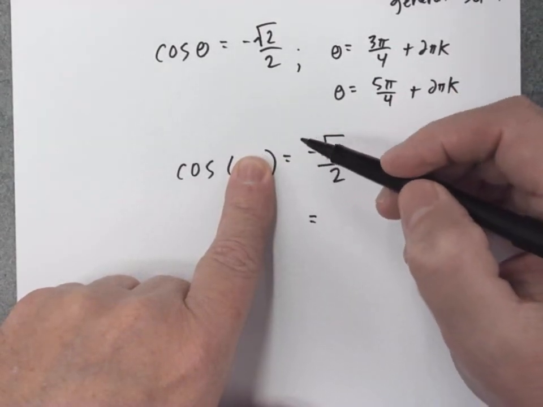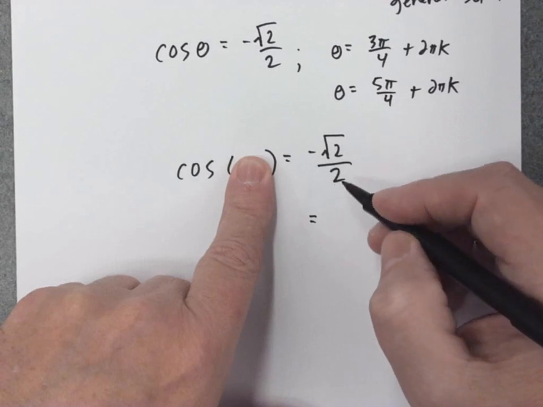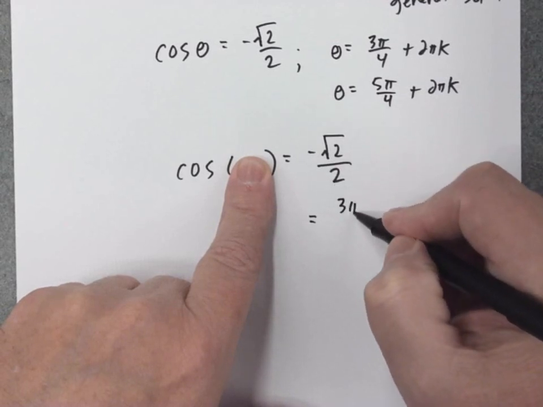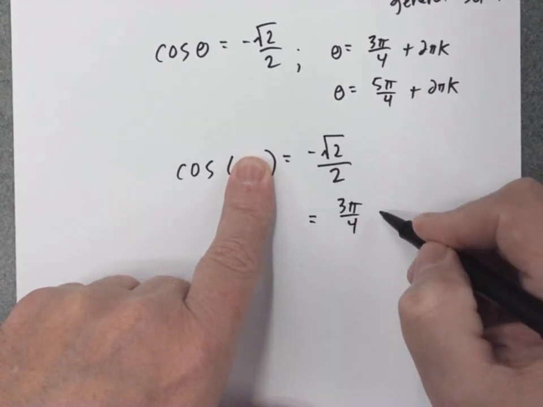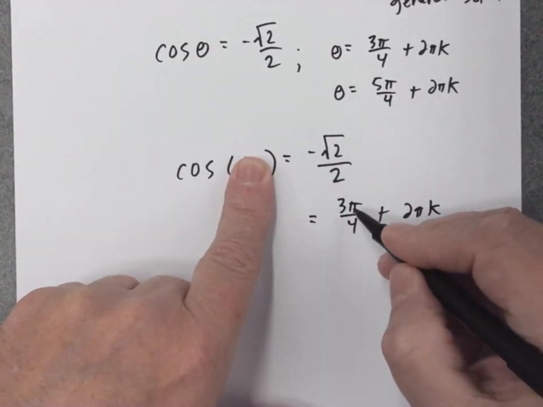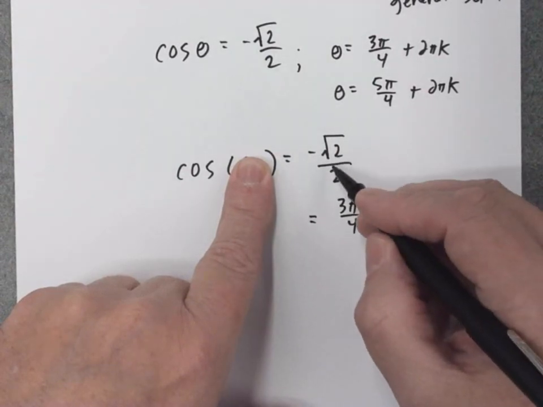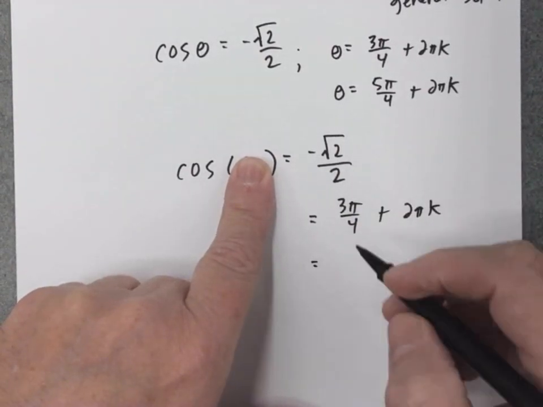I know from the unit circle, the cosine of 3 pi over 4 plus 2 pi k, the cosine of this angle is going to be negative square root of 2 over 2, and there's a second angle.